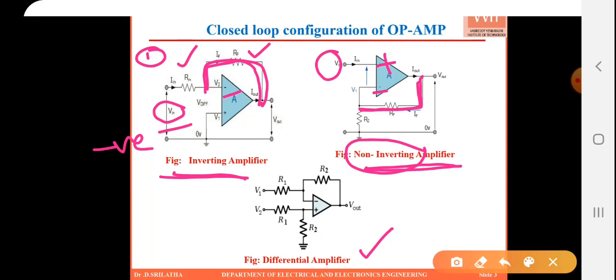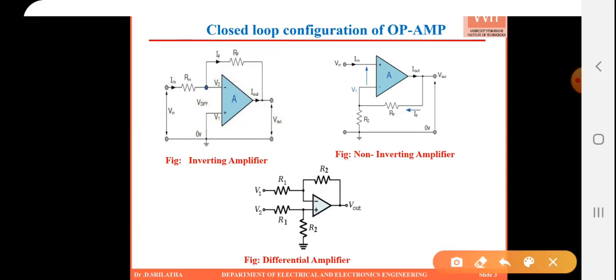Next, coming to the third one, the differential amplifier. In this mode, we connect two input signals V1 and V2 to both terminals of the operational amplifier, the positive terminal and the negative terminal, so that we get the output.